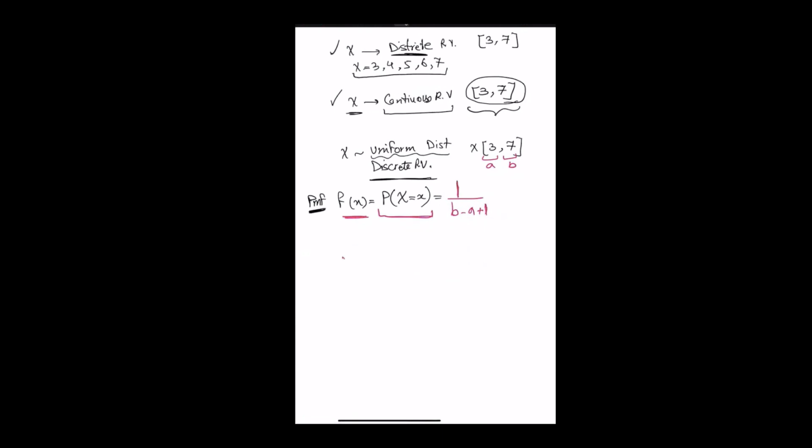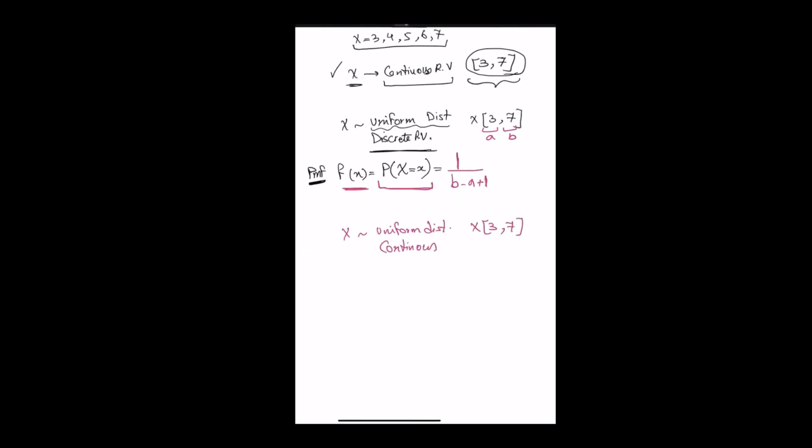If I tell you x is actually uniform, it has uniform distribution, but x is a continuous random variable, and x, again, changes between 3 to 7, then f of x is called the probability density function.